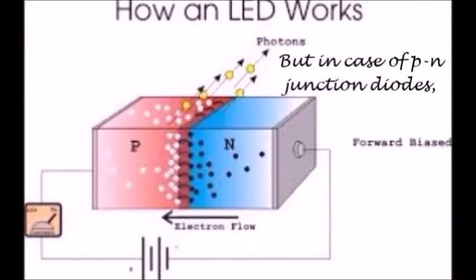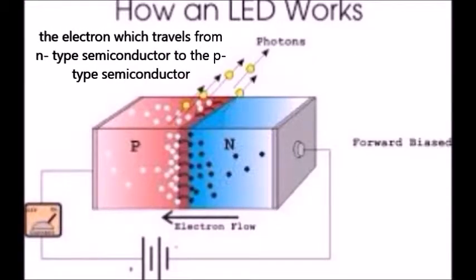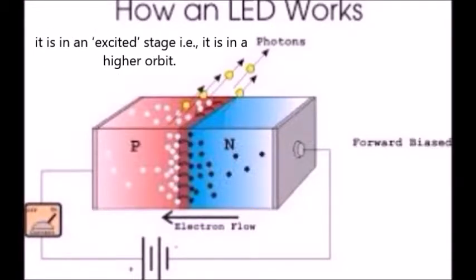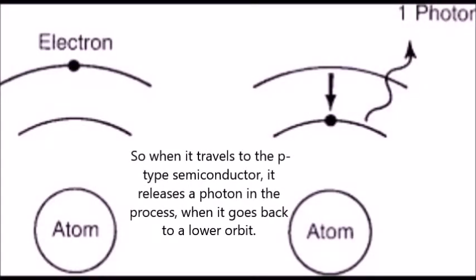But in case of p-n junction diodes, the electron which travels from the n-type semiconductor to the p-type semiconductor is in an excited stage, that is, it is in a higher orbit. So when it travels to the p-type semiconductor, it releases a photon in the process when it goes back to a lower orbit.